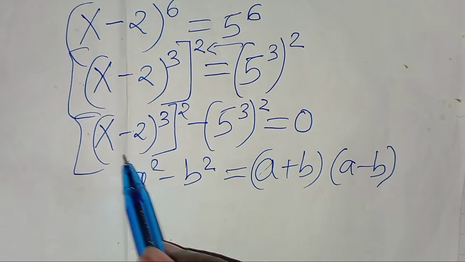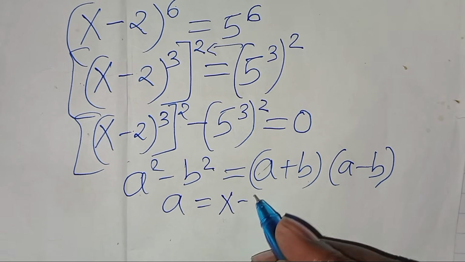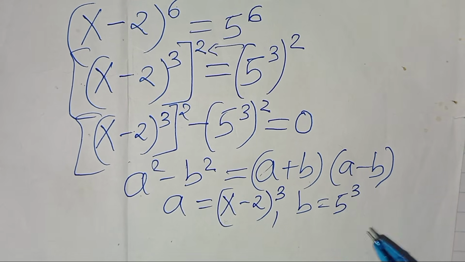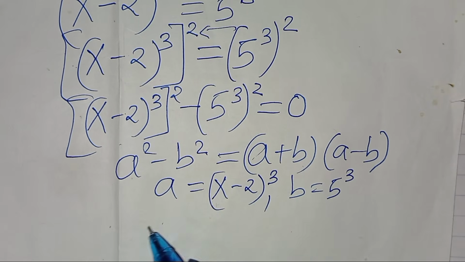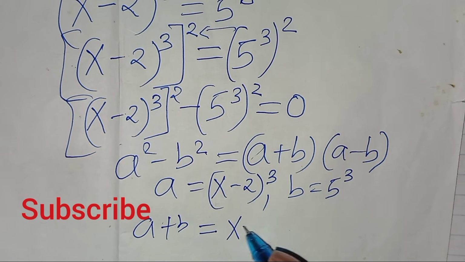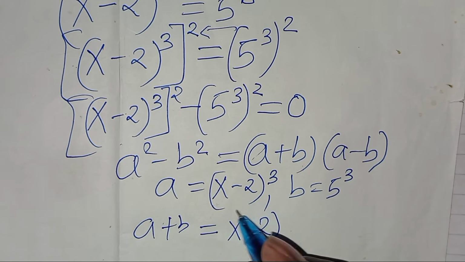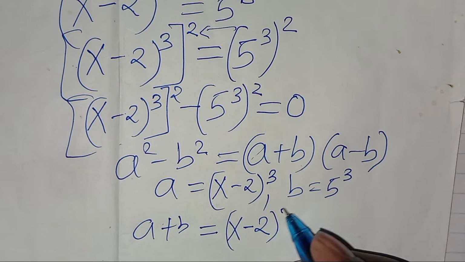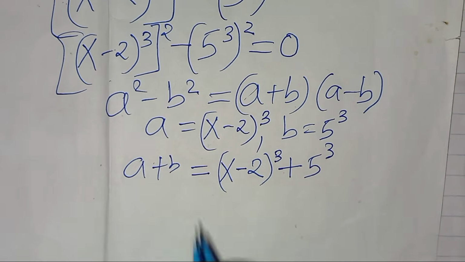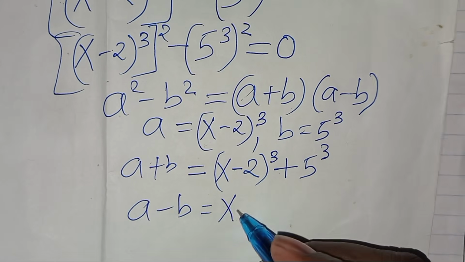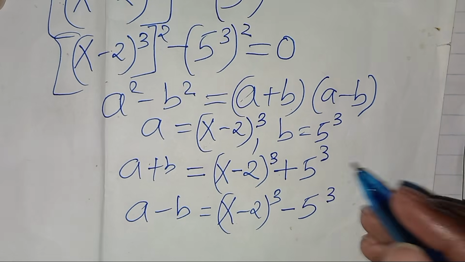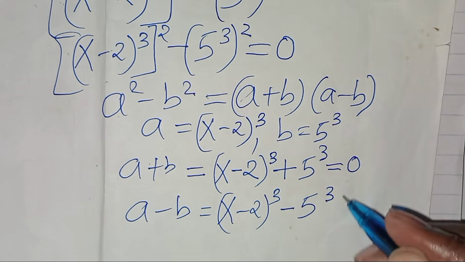From this equation, a is equal to (x - 2)^3, and b is equal to 5^3. So a + b is (x - 2)^3 + 5^3, and a - b is (x - 2)^3 - 5^3. Now we equate this to 0 and this to 0.